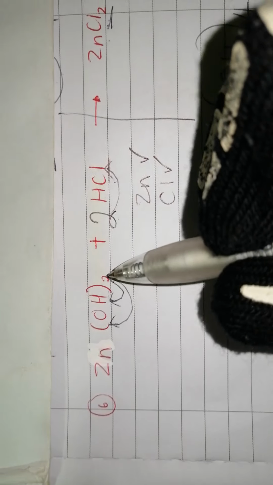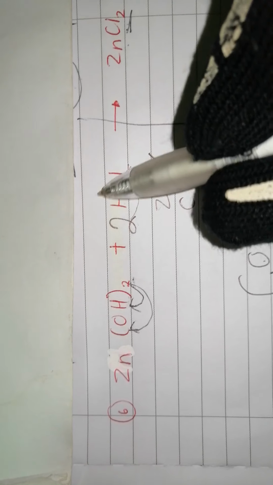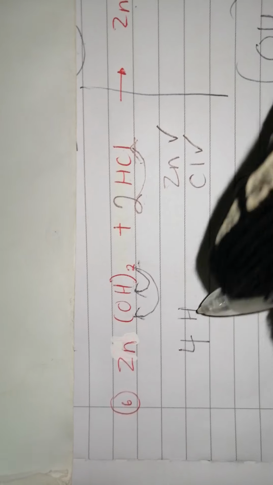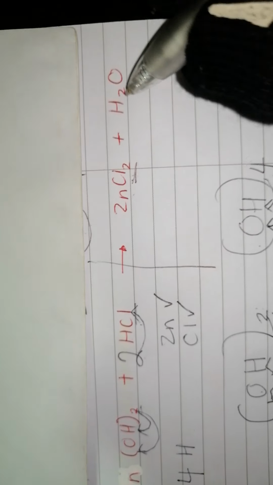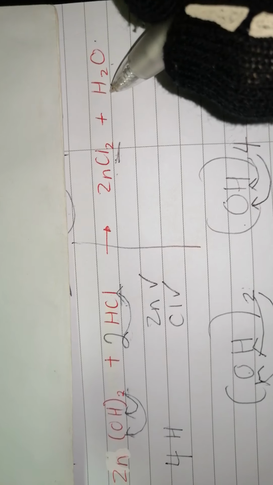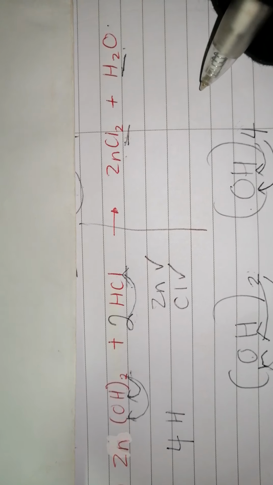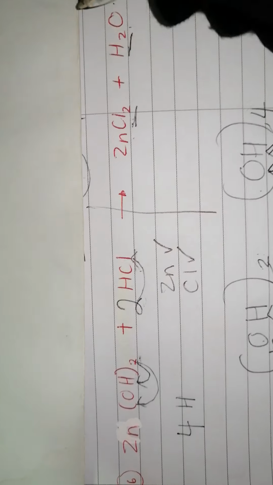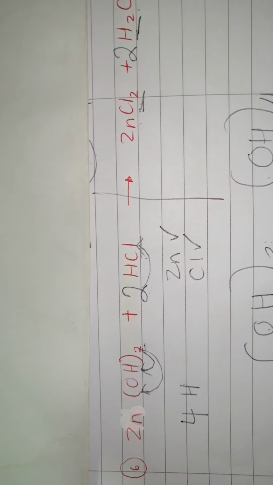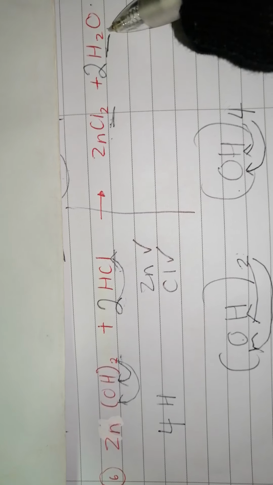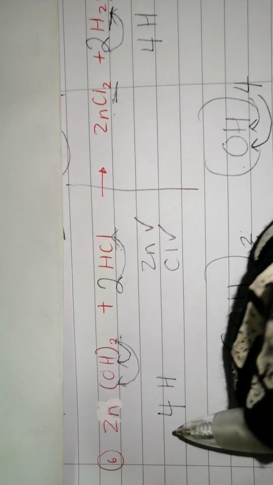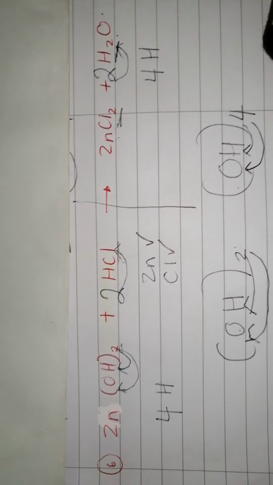So altogether I have 2 hydrogens from here, 2 hydrogens from here, which gives me 4 hydrogens. Now on this side I have H2O, and here I only have 2 hydrogens. So to make this also 4 hydrogens, like on this side, I'm going to put a 2 in front of this. So now 2 times 2 will give me 4 hydrogens. So now the hydrogens are 4 on this side, 4 on this side, so hydrogen is fine.